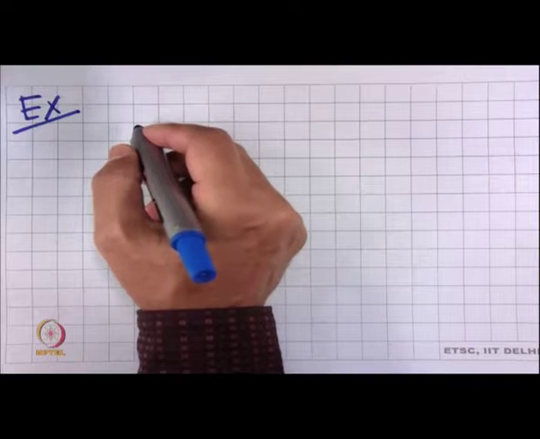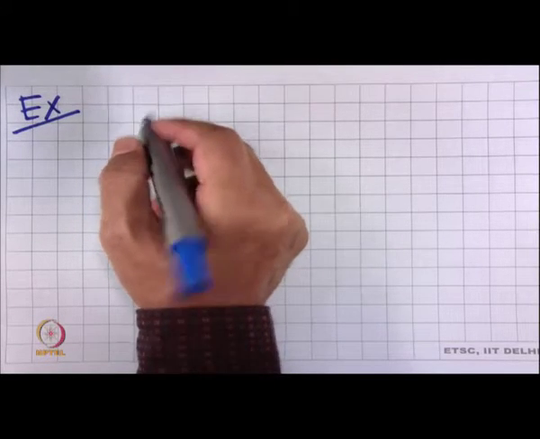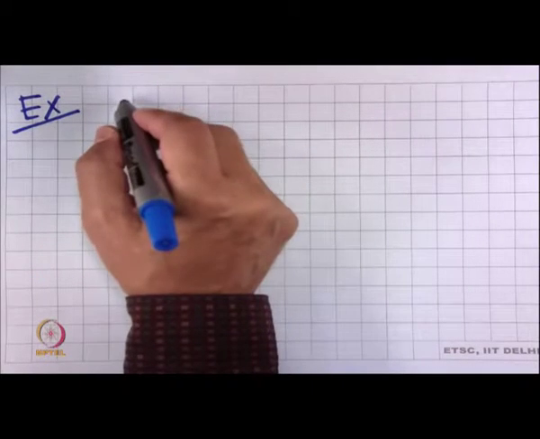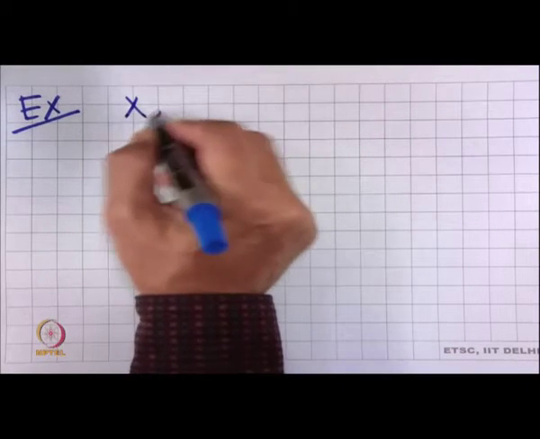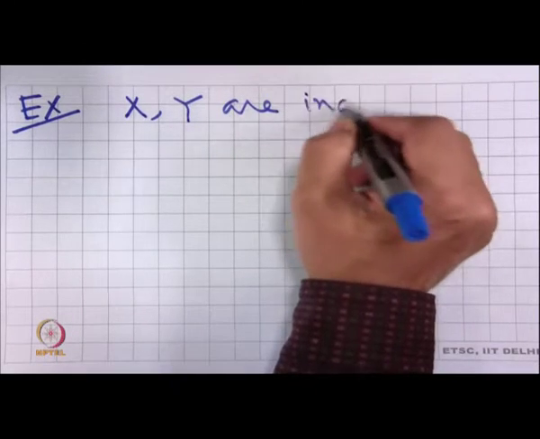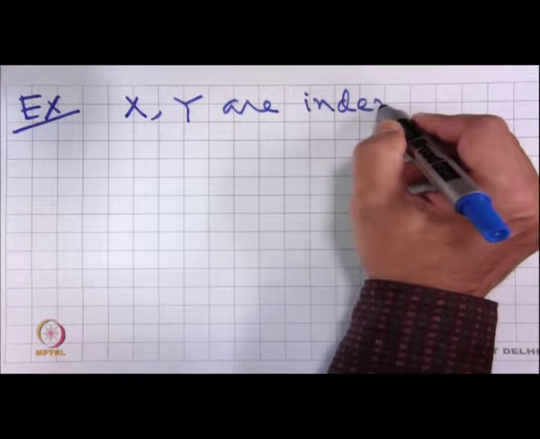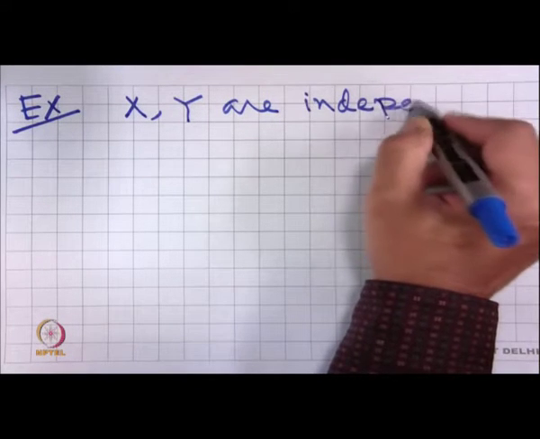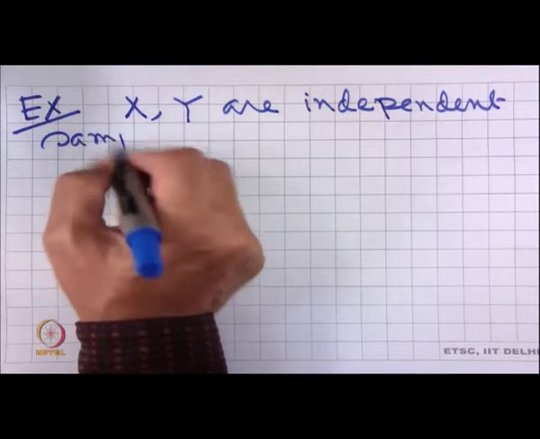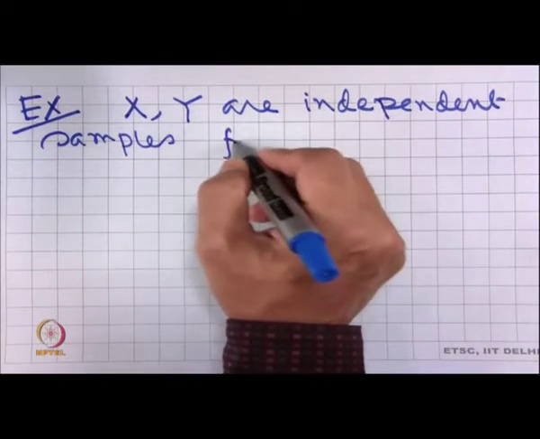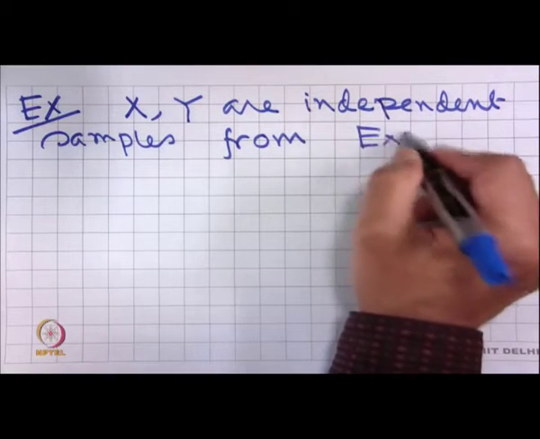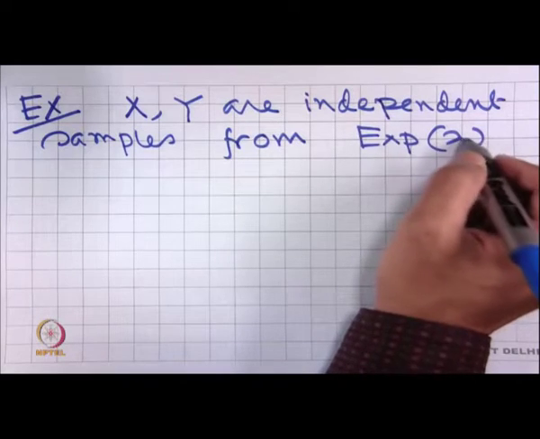Now, let me consider a slightly more challenging problem. The setup is the same. We are working on x, y. They are independent samples from exponential lambda.